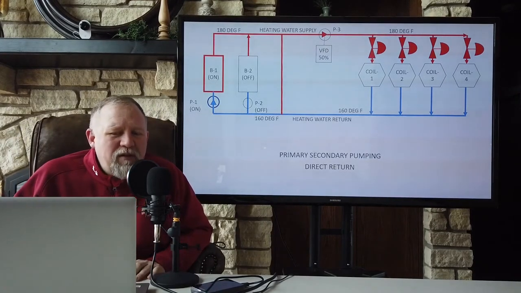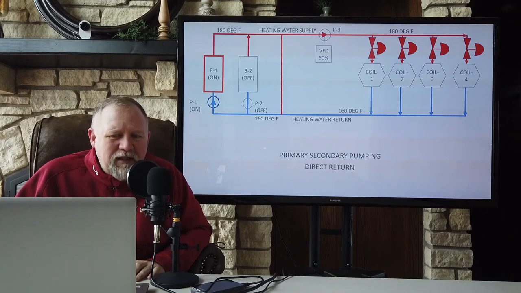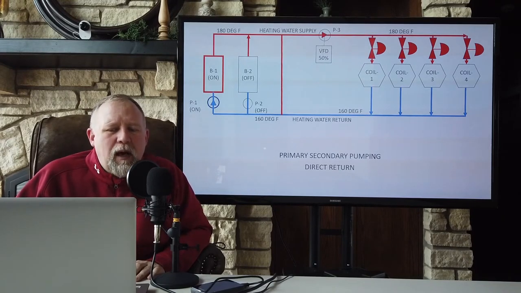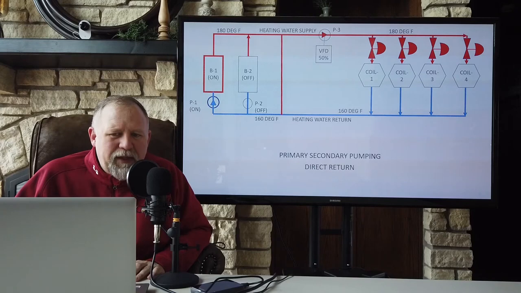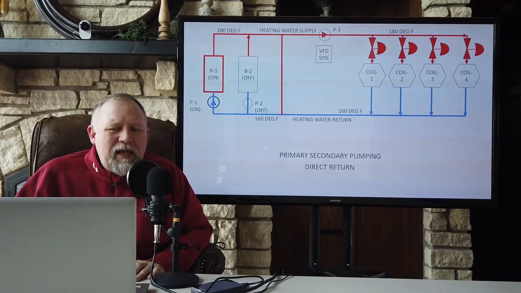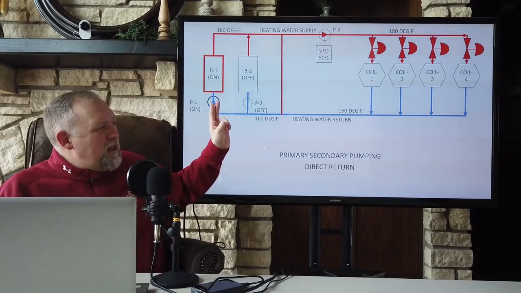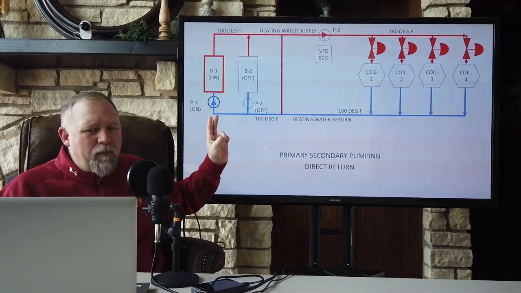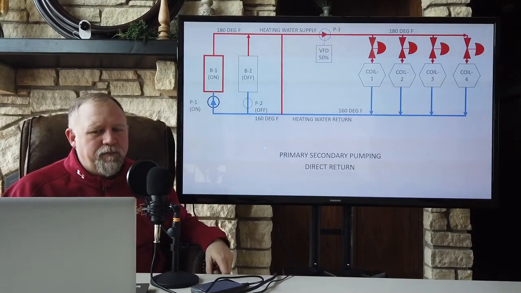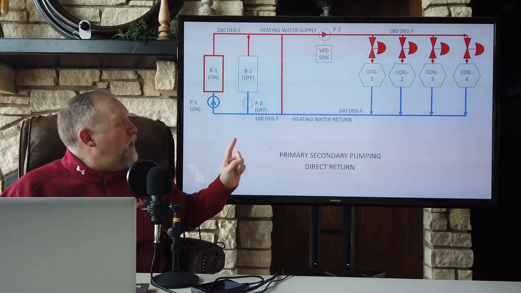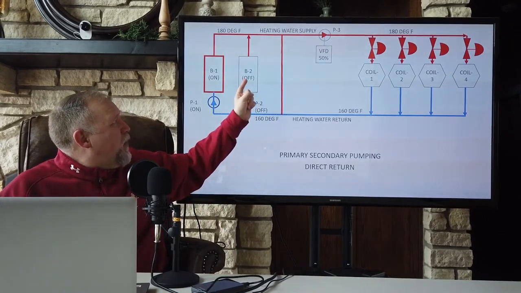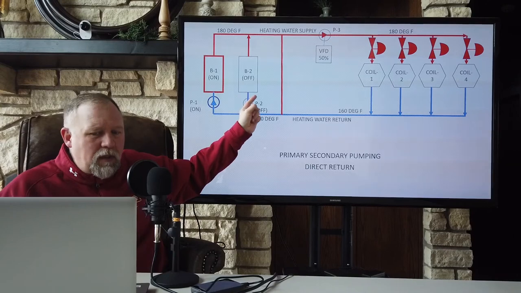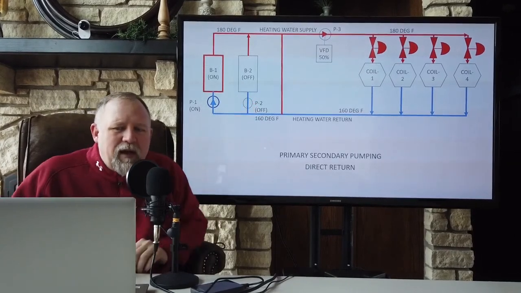Well, if I reach 160 degrees Fahrenheit, that tells us something important about the plant. It tells us that boiler 1 is producing all that it can, and we're about to start needing more. So what will happen is that we need to bring boiler number 2 online.